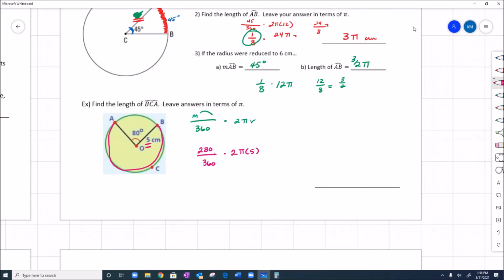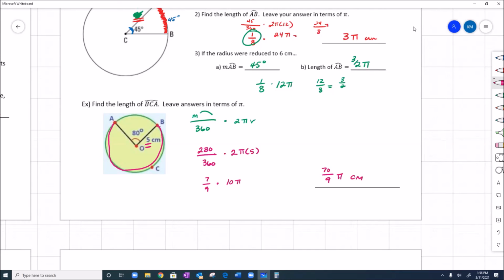I'll just leave it as a fraction. 7 over 9 times 10 pi. As we multiply 7 times 10, we get 70 over 9 pi centimeters. Not squared, because it's length.